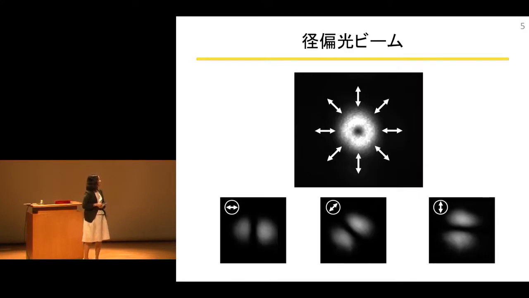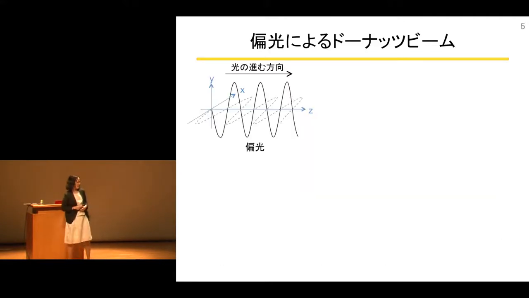So we are very much interested in the donut beam. This beam is called a radially polarized beam. The polarized light in the electric field is spreading radially from the center of the beam, as shown with those arrows. Polarized beam may be a difficult term, so let me explain.